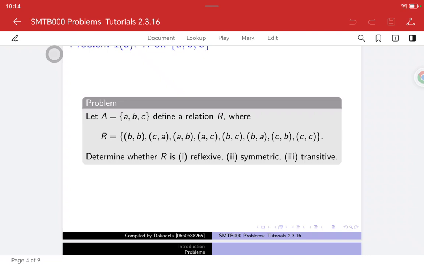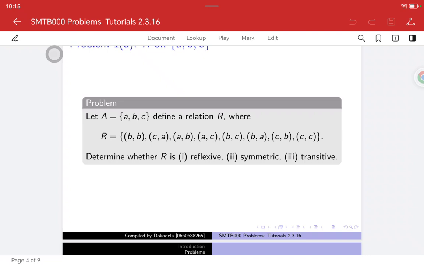To check reflexive in this manner, remember reflexive says that an element should be related to itself. If an element is related to itself, it means that element is reflexive.